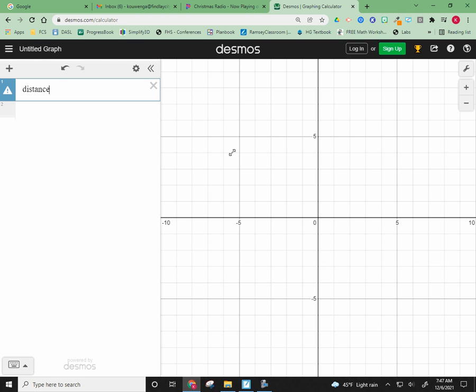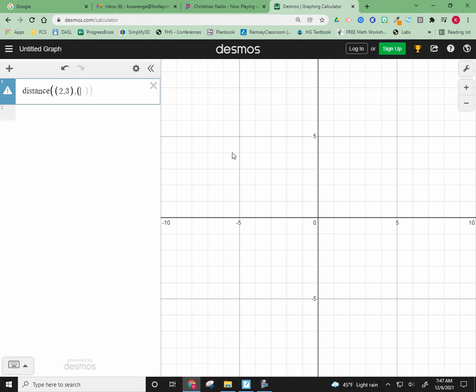And you're going to start a parenthesis. So you can make up any 2 points you want. But I'm going to start another parenthesis, and I'm going to put my first point in. So let's say I pick the point 2, 3. Close your parenthesis. So that's my first point. Then I put a comma, and then name my second point.